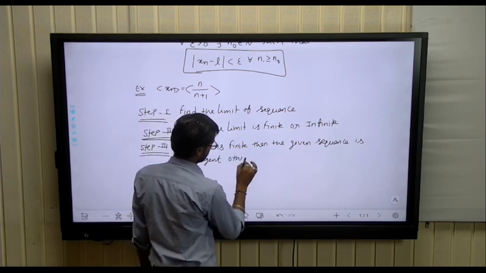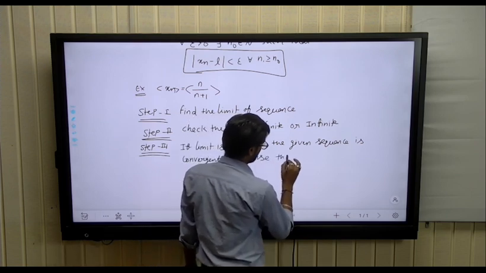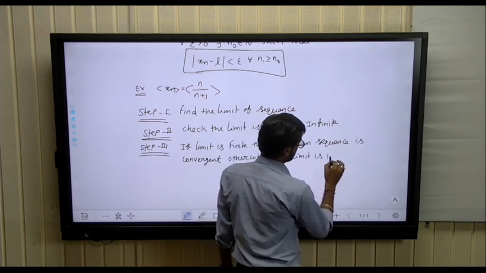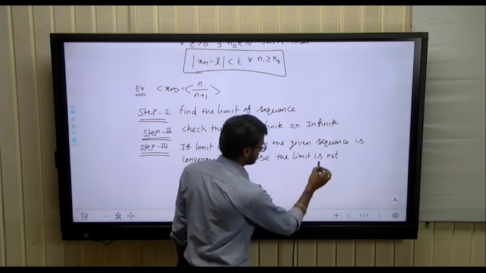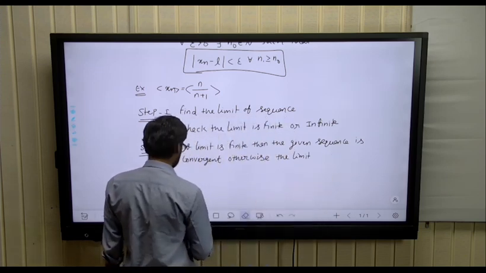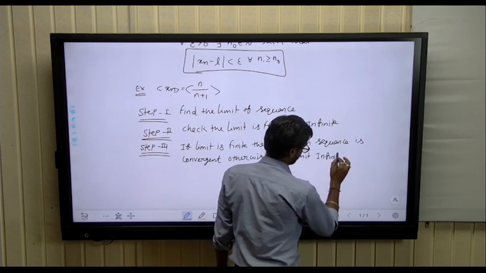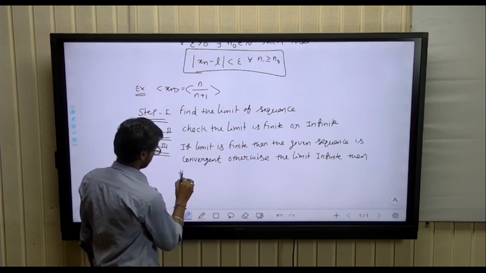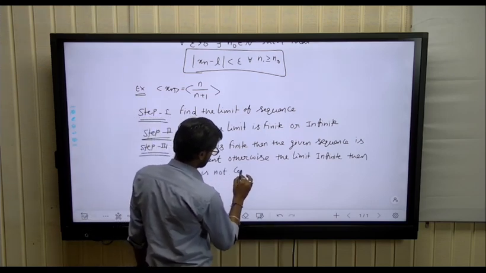Otherwise, if the limit is not finite, the limit is infinite, then this is not a convergent sequence.